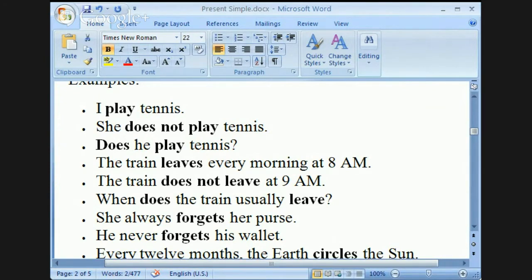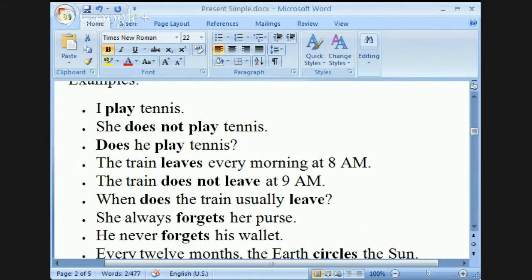Raphael, you want to give it a shot here? Yeah. I drive all the mornings. Okay. Every day. Okay, that's okay. Your use of the simple present is correct. Present simple, whatever.